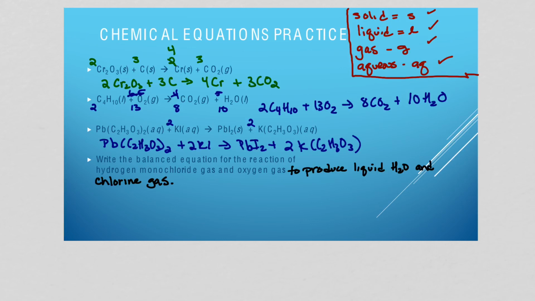And lastly, I'll give you an example of one where they don't give you the equation, but they give you a description of the equation. So here we want to write a balanced equation for the reaction of hydrogen monochloride gas and oxygen gas to produce liquid water and chlorine gas. So let's write it out first.